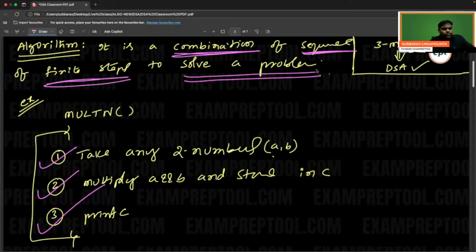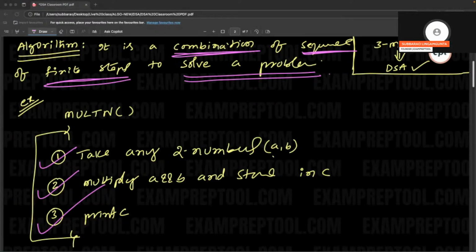Let me know if anyone is facing any difficulty till now. Please let me know, I am going to help you. Till now, I didn't do anything, just gave the definition and one example.